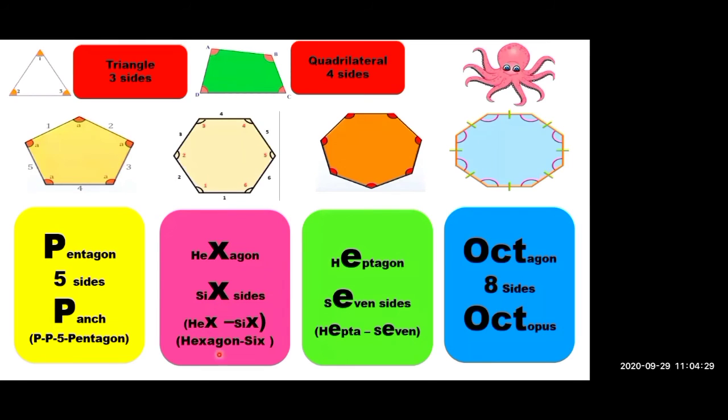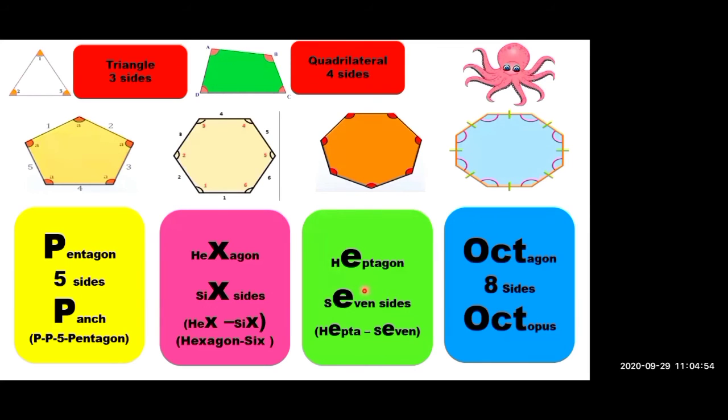Hex 6, hexagon 6. मजा आ रहा है? Okay. So how many angles are there in hexagon? जितनी sides उतने angles. 6 sides, 6 angles in hexagon. Okay. Got it?